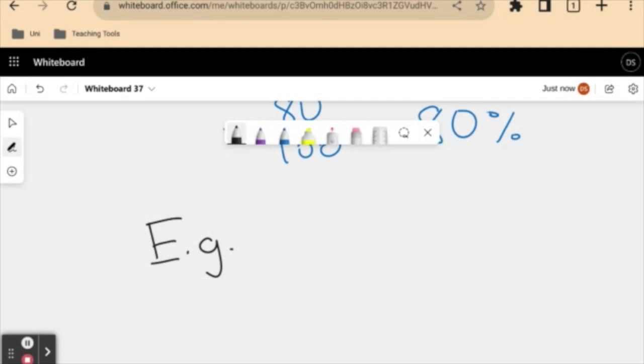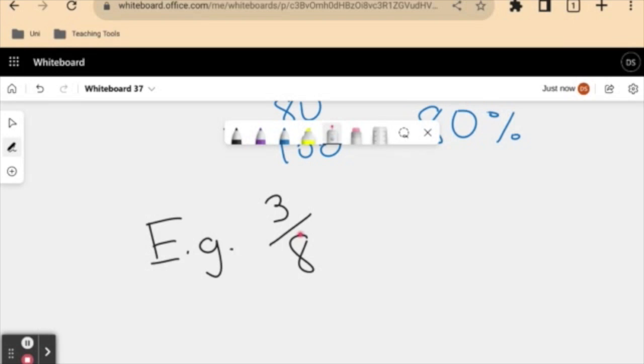So let's look at, say, 3/8. Now, for some of you, maybe it won't be super clear just yet, but have a think if there's a way we can get this 8 to 100.